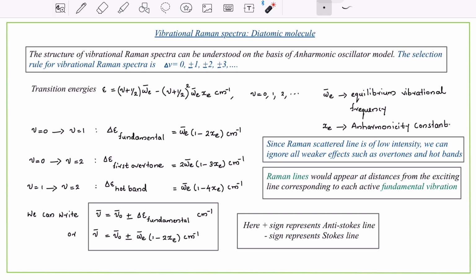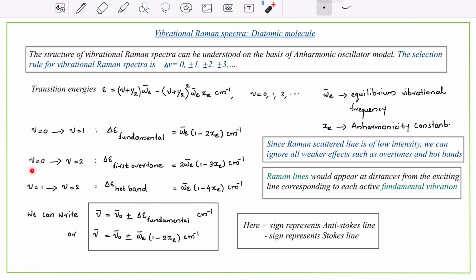A transition from ν=0 to ν=1 gives the fundamental absorption line at ω̄e(1−2xe) cm⁻¹.